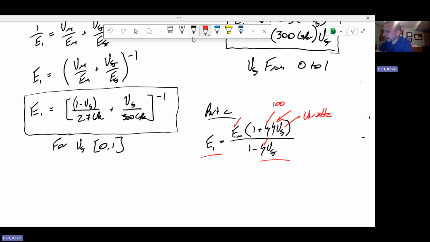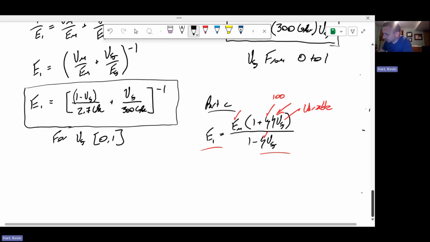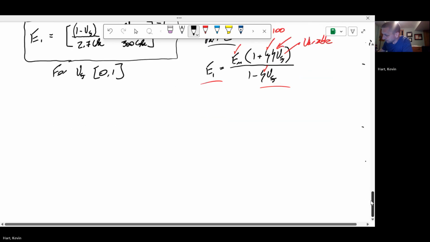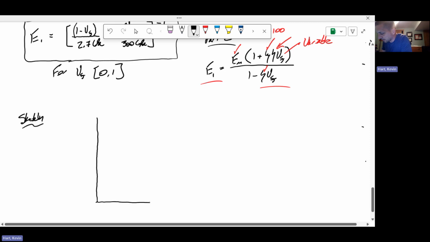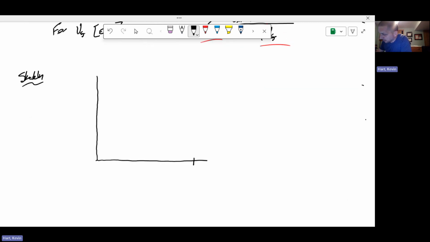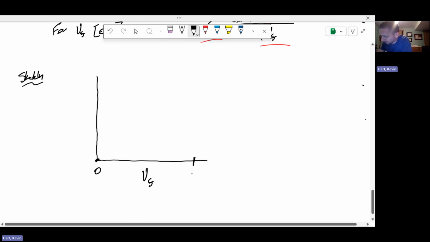So again, you're just plotting E1 as a function of volume fraction with a bunch of information here. I'll make a sketch of what it's going to end up looking like. I think this will be pretty close to the final result. Here's volume fraction VF, ranging from 0 to 1.